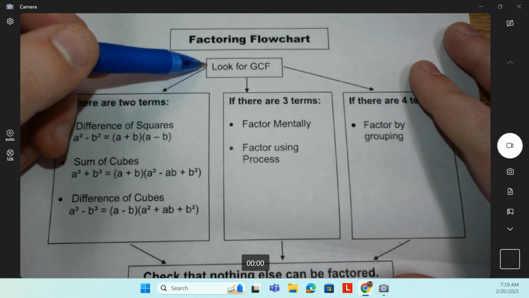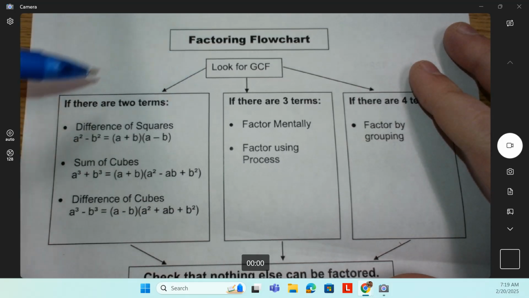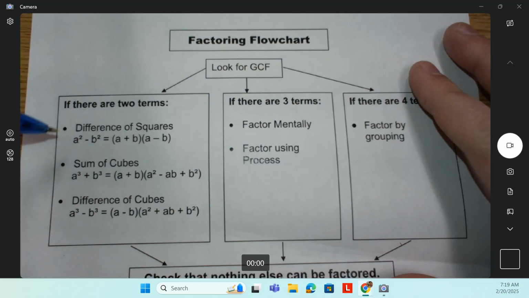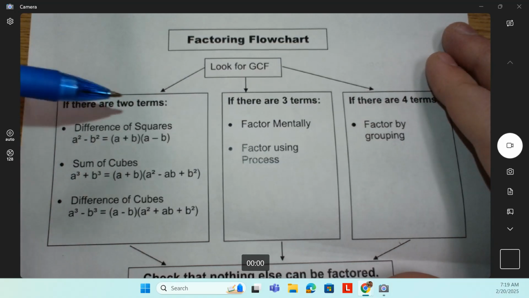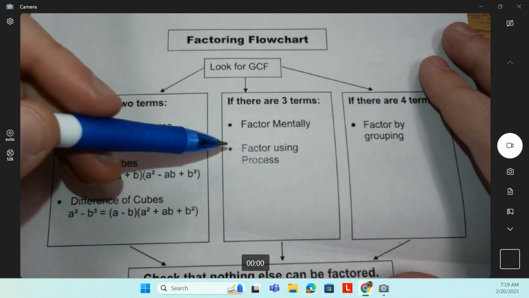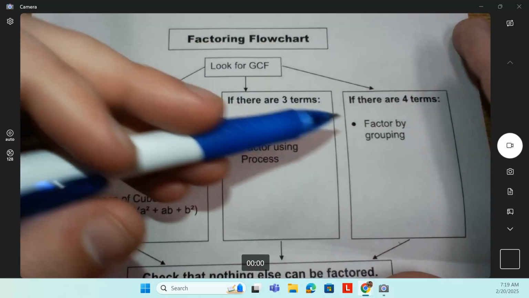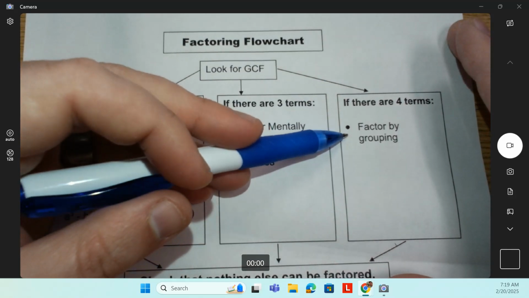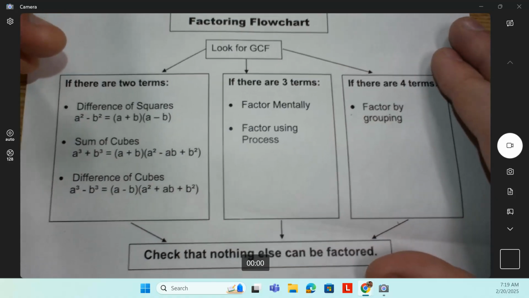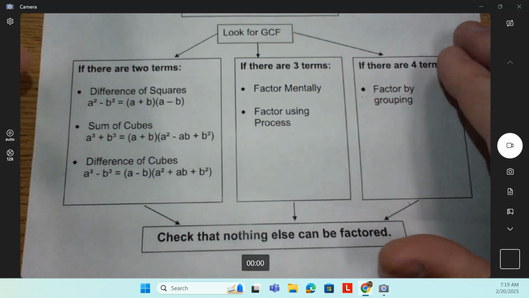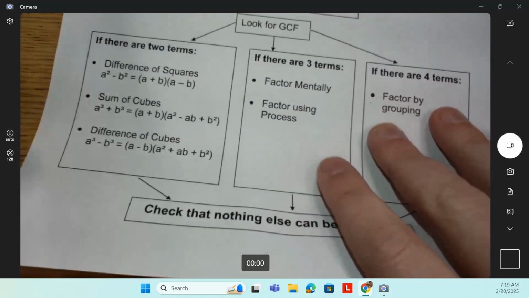So I'm thinking on that one, I'll have a greatest common factor, and then it's got two terms, so we are still going to be doing the sum and difference of cubes. Then we'll have factoring using the process or mentally, and factoring by grouping, which we did in the last lesson, 4.1. And then at the end, we just double check to make sure nothing else can be factored.